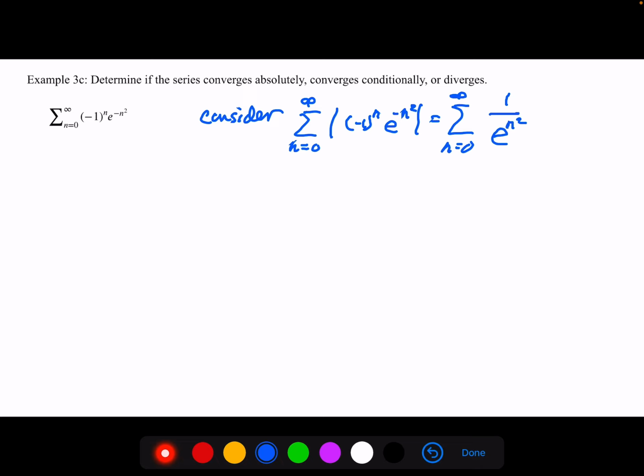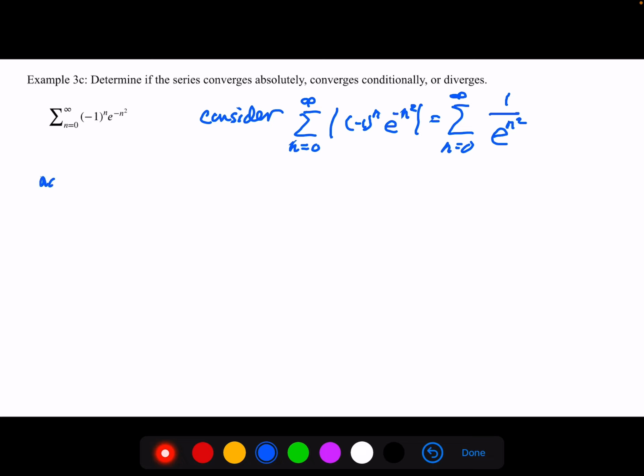Now, this series is not geometric, nor is it a p-series. So our next possibility for determining convergence is to look for a comparison.